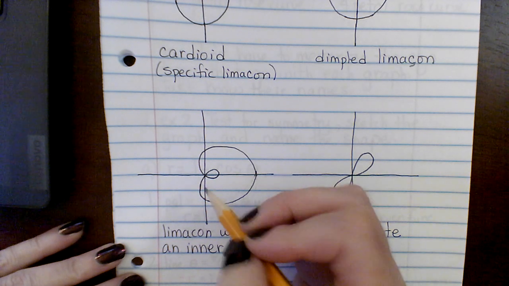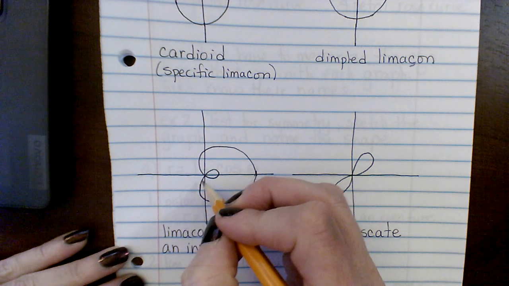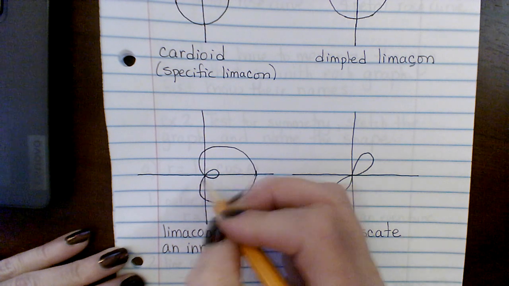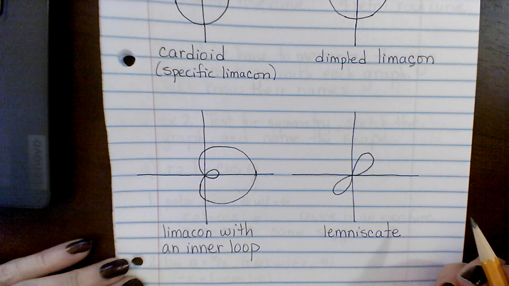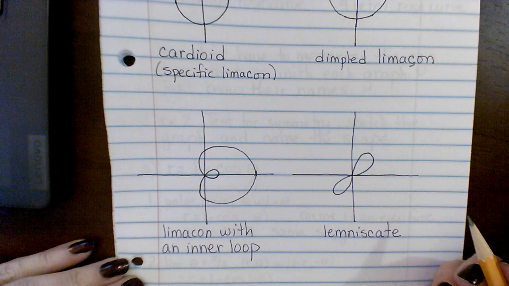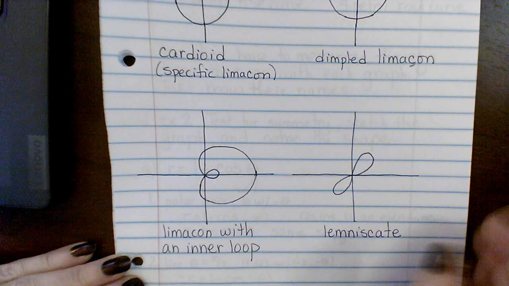You could have a limaçon that's going in this direction, kind of sideways, and it could be more than just dimpled. It could have a full-on inner loop, which cleverly is named a limaçon with an inner loop. We could also have something that looks like a little infinity symbol. That's called a lemniscate.